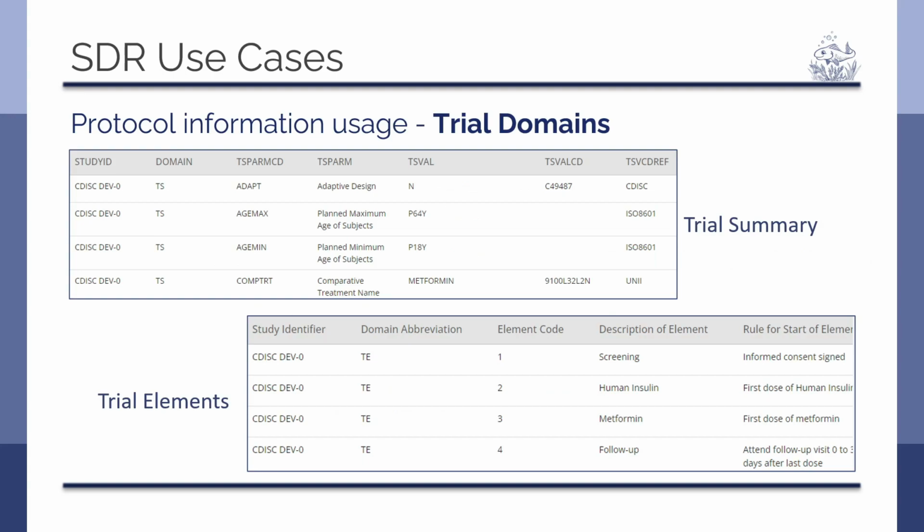Another opportunity to use study data is the trial domains, because all information which is needed for the trial domains is actually also needed for the protocol. And for this, just by entering the protocol information, you will get the trial domains automatically out of it. So here is an example of a trial summary and a trial elements domain.